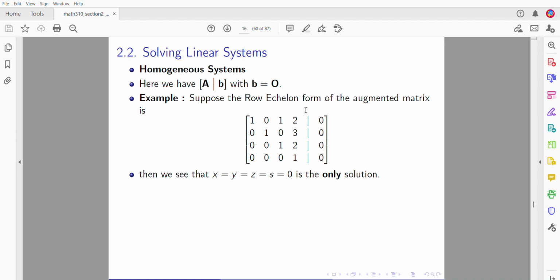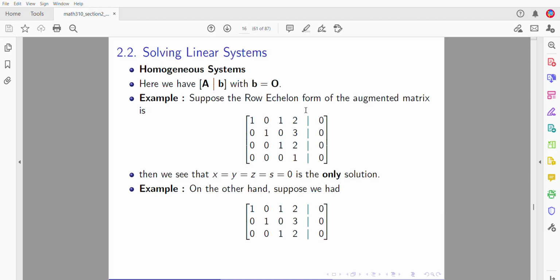This is the only solution. Check for yourself if you don't believe me. Work backwards. s equals 0. Solve for z, you will get that to be 0. Then work backward, y equals 0. Then work backward. Check this part.